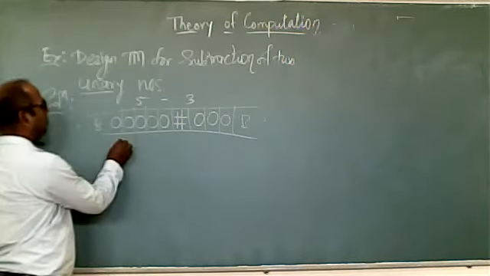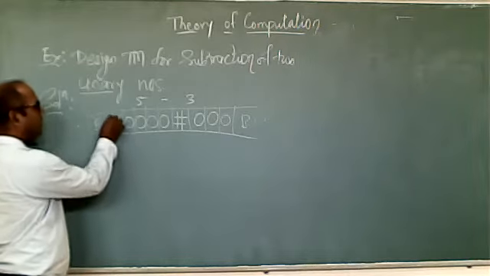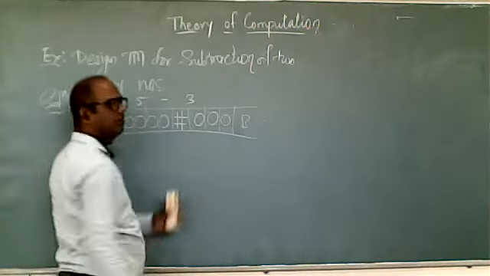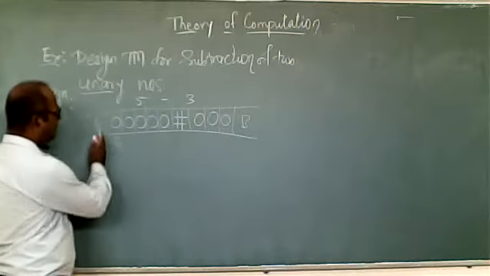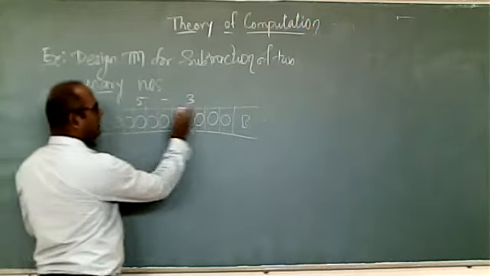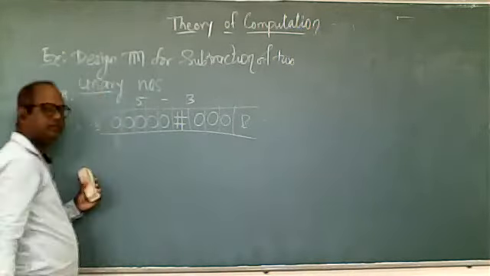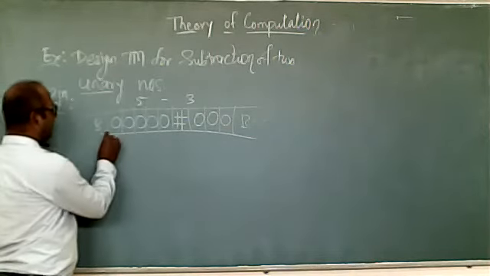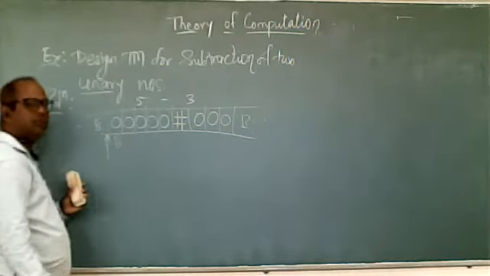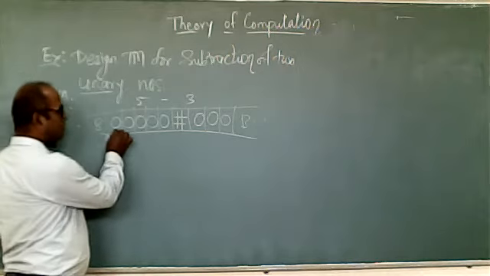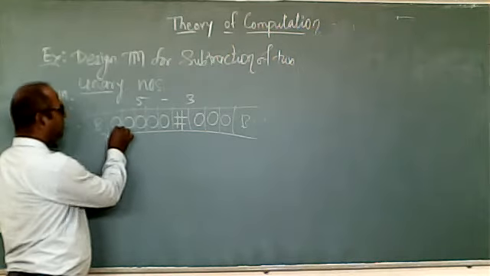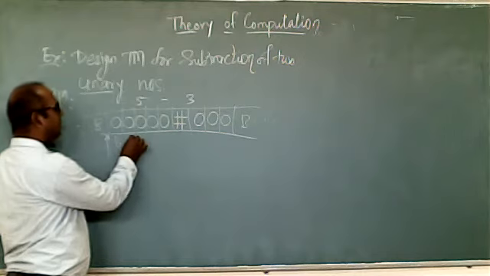Zeros will be made blank. This is the first number and this is the second number. The first number starts from the left, and the second number starts from the right. Initially the head is at the first symbol of the input. So the first 0 we will make a blank.